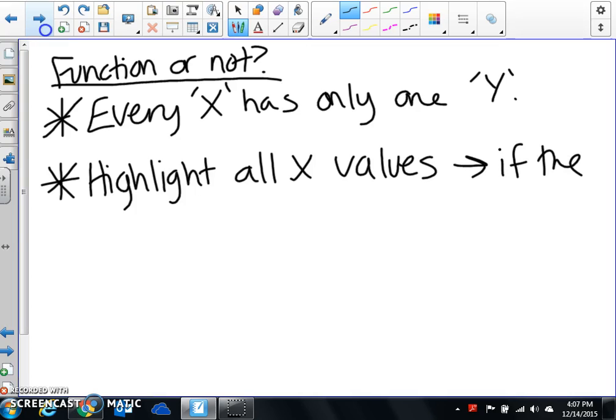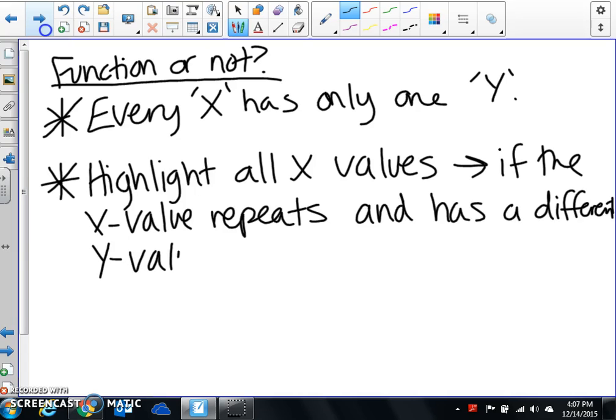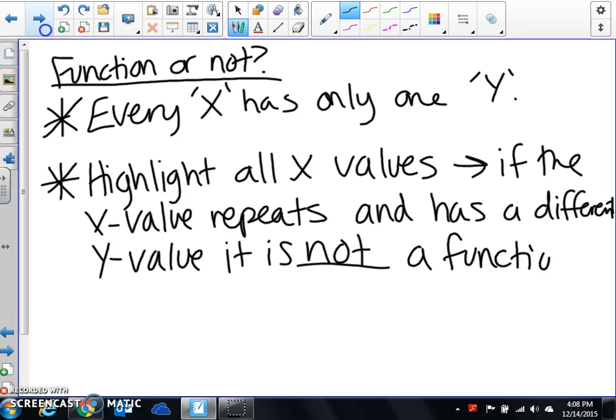If the X value repeats and has a different Y value, it is not a function. Every X can only have one Y.